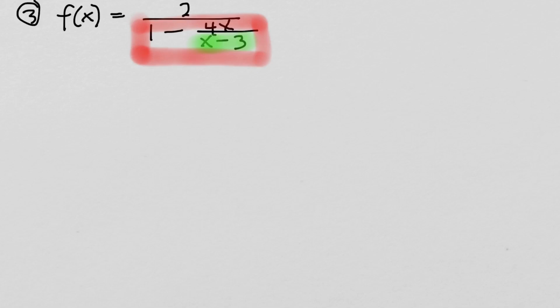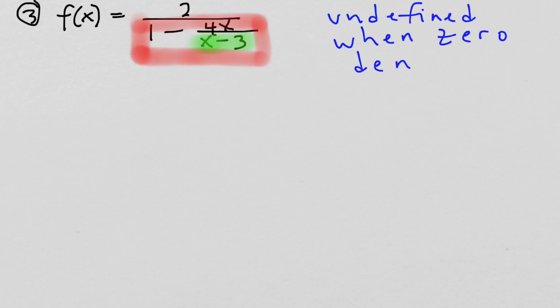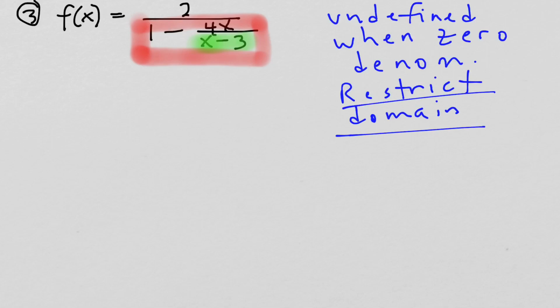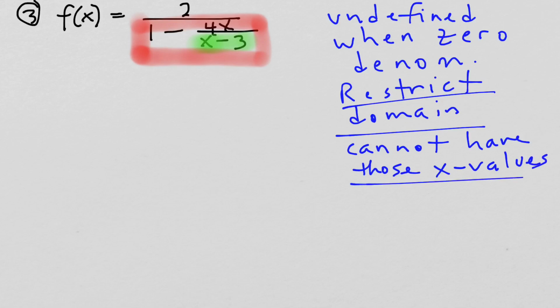Your function is undefined when you have a 0 in a denominator. So we have to restrict our domain. We cannot have those x values that cause zeros in the denominator.